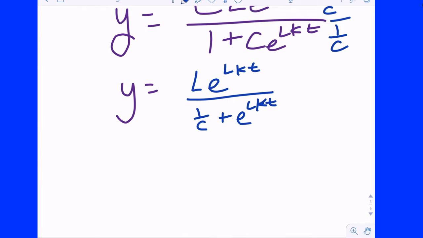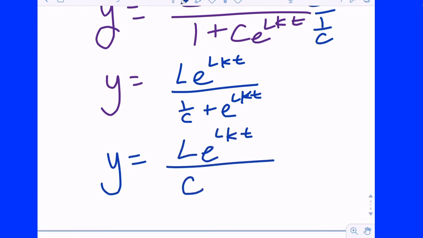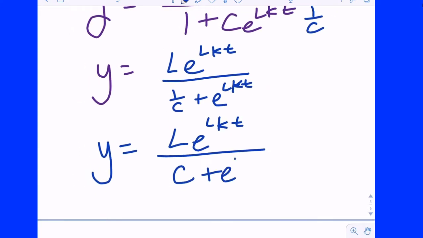Notice what that did, which is nice: it put my constant in one location in the problem instead of 2. So what can I call the reciprocal of an unknown constant? An unknown constant. So I get LE to the LKT all over C, new and improved C, plus E to the LKT.